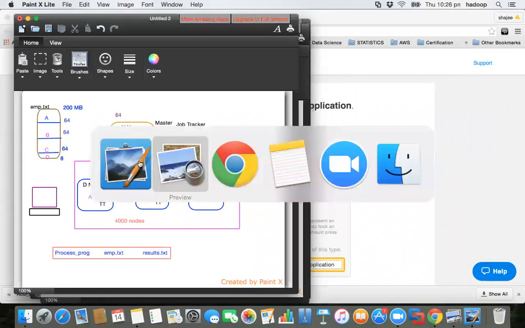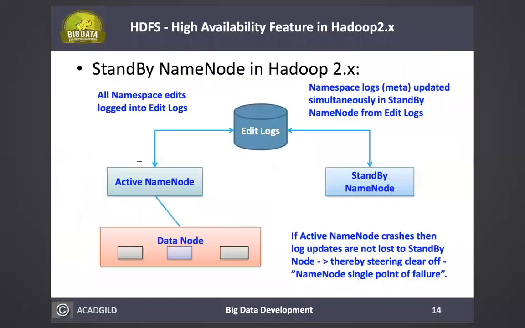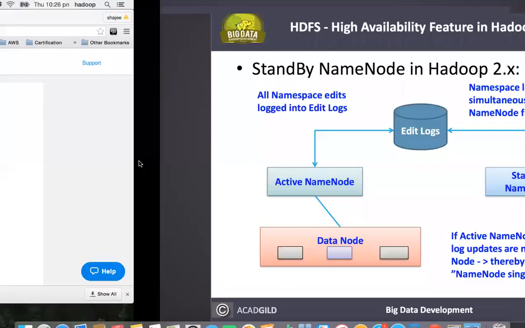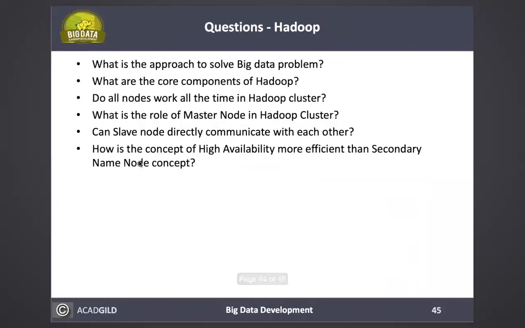I don't want to bring in anything new because there are only 4 minutes left. So what is the approach to solve a big data problem? What are the core components? Do all network nodes work all the time in a Hadoop cluster? We are going to see the answers to all these things.